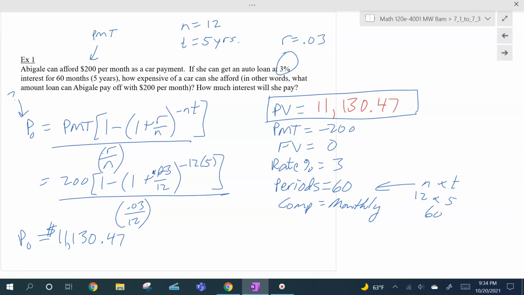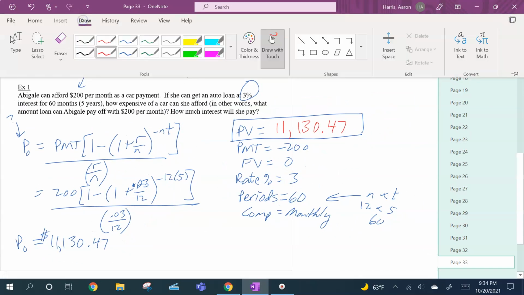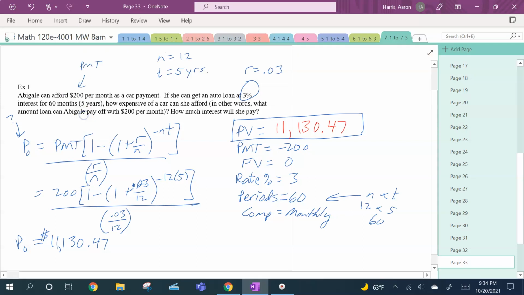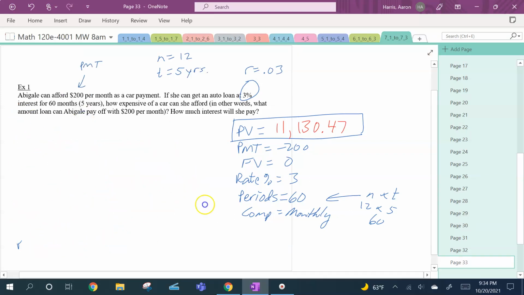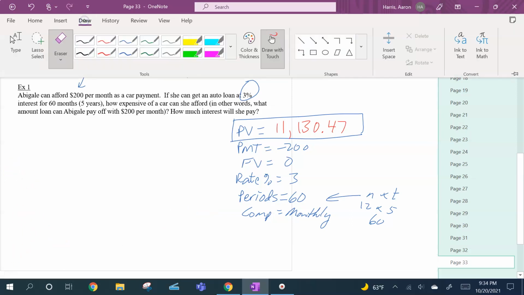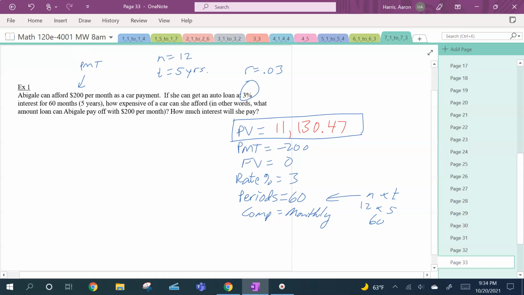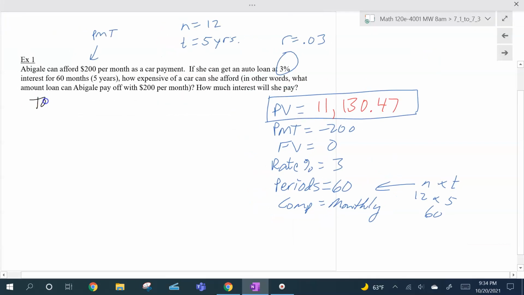Alright, now the second question here. How much interest will she pay? Well, before we figure out the interest, let's figure out how much she paid total. So what's the total Abigail paid for this vehicle?